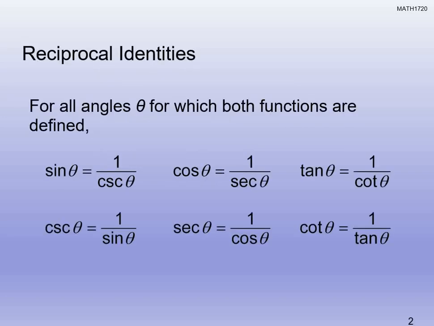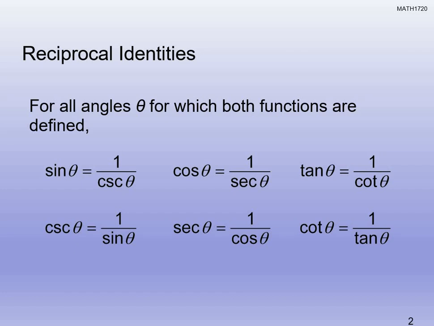So, we went over this in the last lecture. Alright, we talked about for all angles of theta and the relationship between sine and cosecant, cosine and secant, and tangent and cotangent. Now, last lecture we did it with the ratios, right? So if sine was y over r, that meant cosecant was, the other way around, r over y. This shows that relationship.